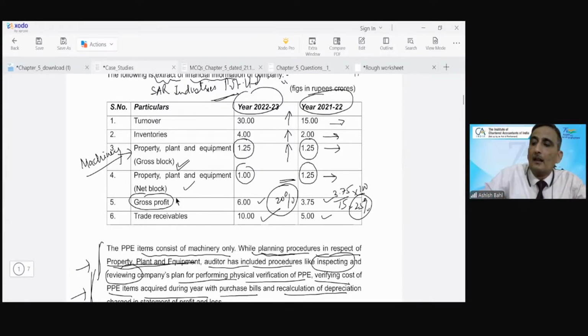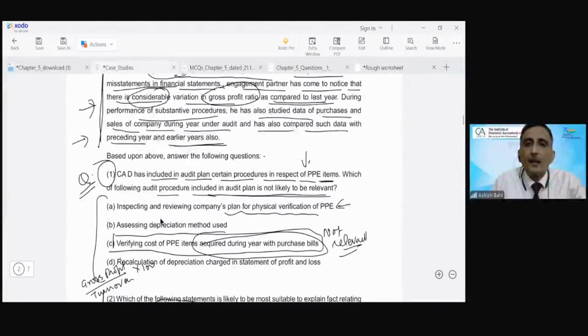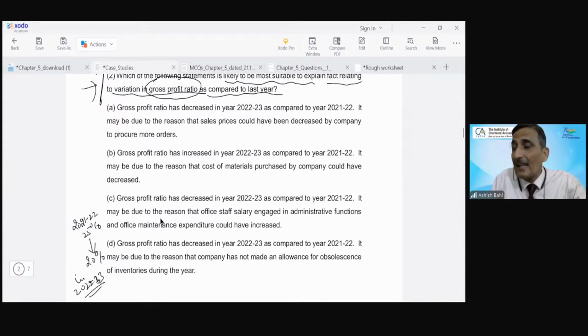So now we can say like this, that in year 21-22, the ratio is 25% and it has decreased to 20% in 22-23. Okay. So it has decreased.